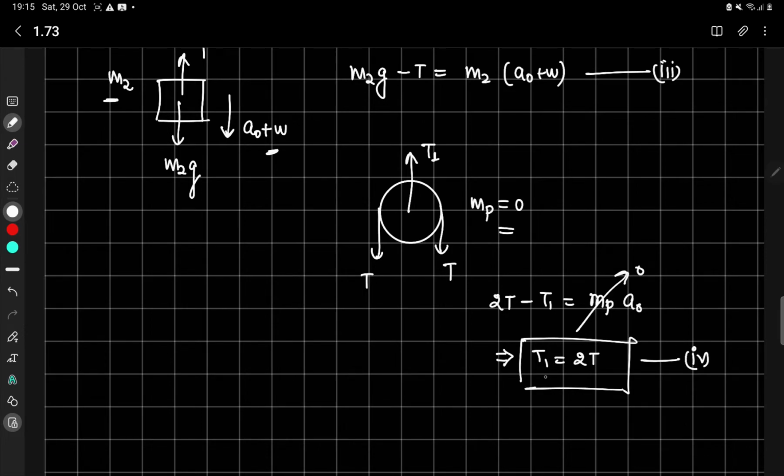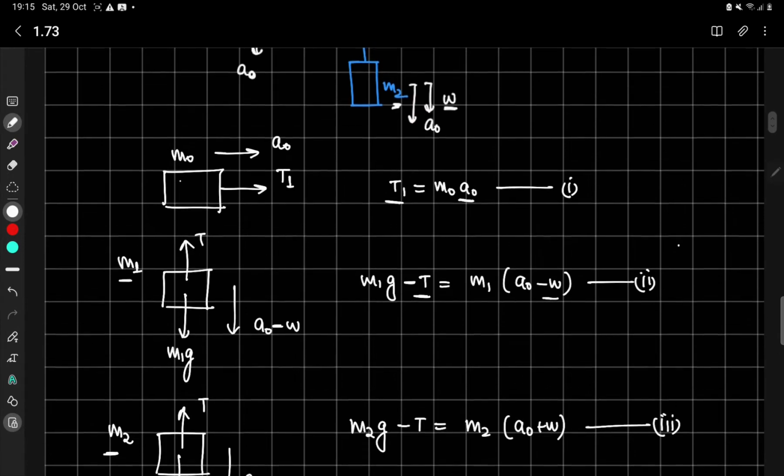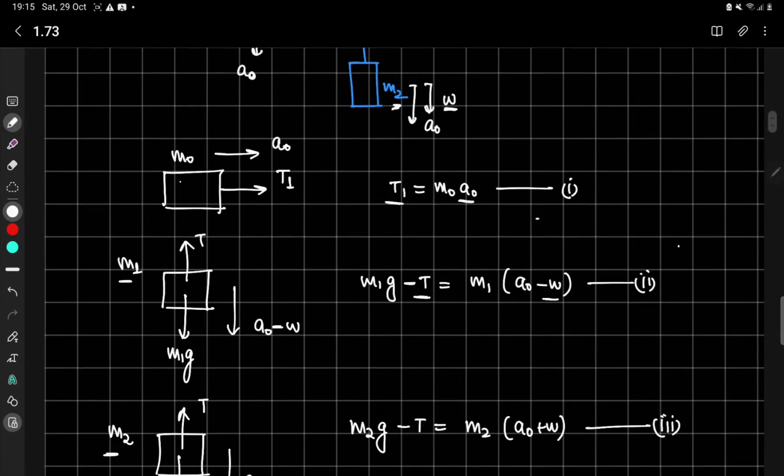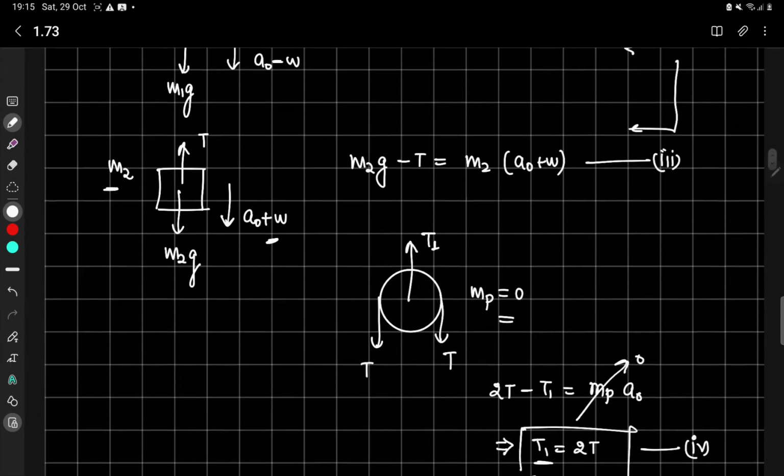Now let us substitute the value of T1 in the first expression. So from here we can write 2T is equal to m0 times a0, and from here we can write a0 is equal to 2T upon m0. So let us substitute the value of a0 in the second and third equations.